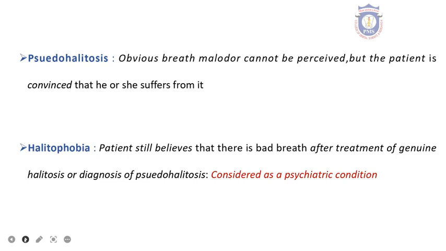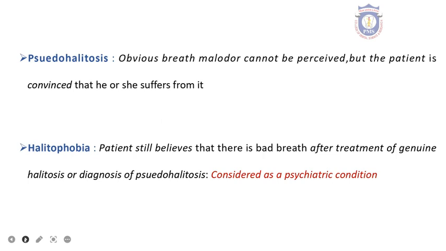The second one is pseudo-halitosis. Now we discussed genuine halitosis, that is obvious malodor, which we can measure organoleptically or by measuring the compounds responsible. In pseudo-halitosis, an obvious breath malodor cannot be perceived, but the patient is convinced that he or she suffers from it.